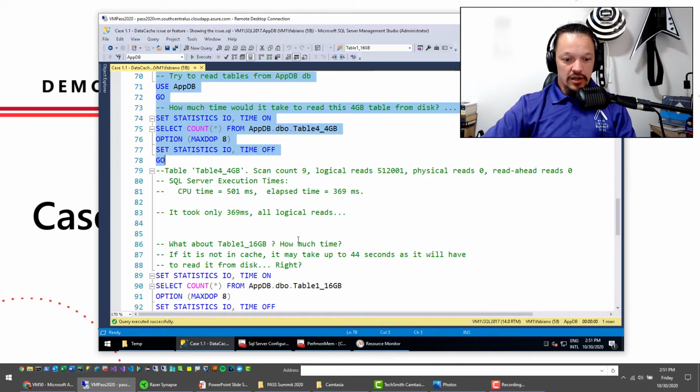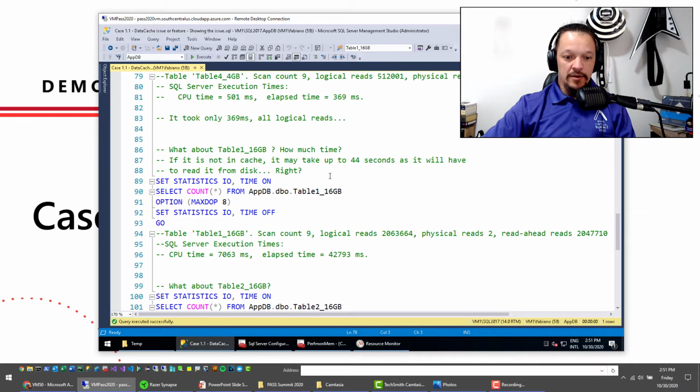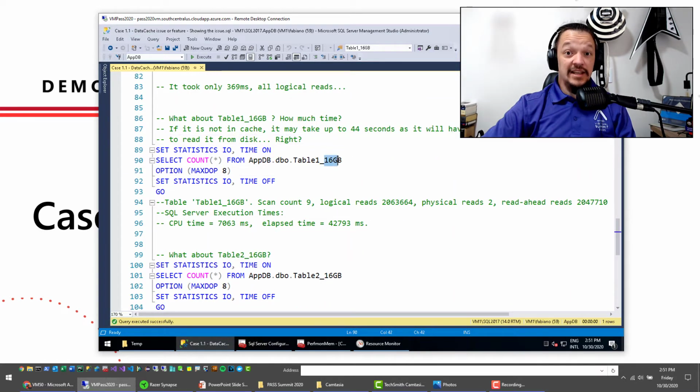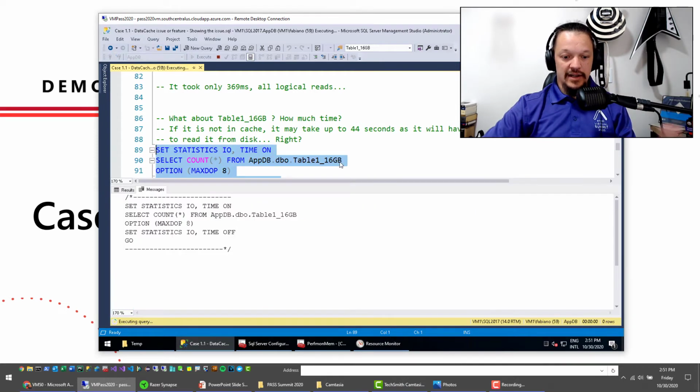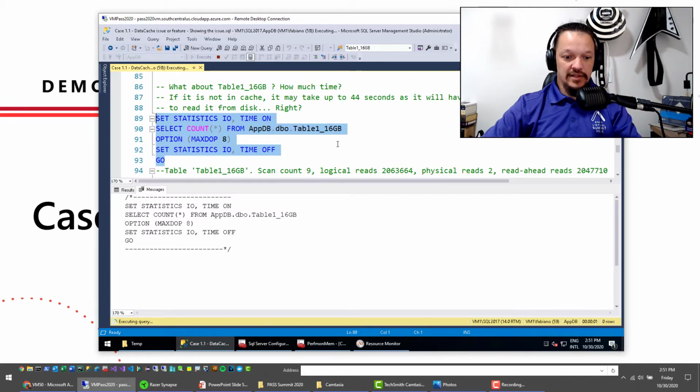All logical reads. If I try to read the 16 gig table, let's see if the table is still in cache. If it is not in cache, the worst case scenario is that it is going to take 44 seconds to read it, right? Because it is going to read it from disk in that case. So it is running. And let's see.